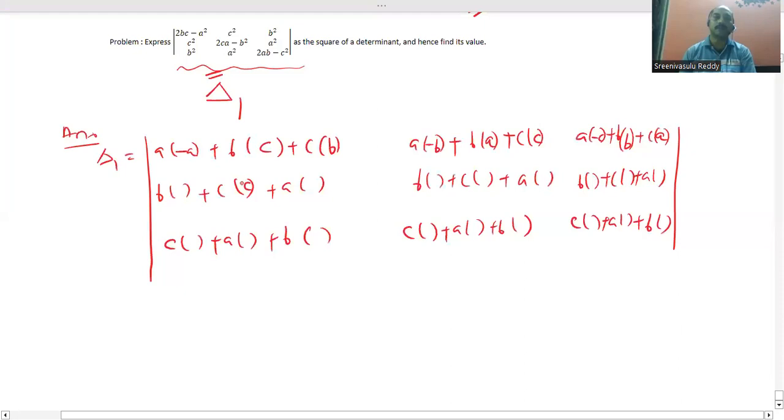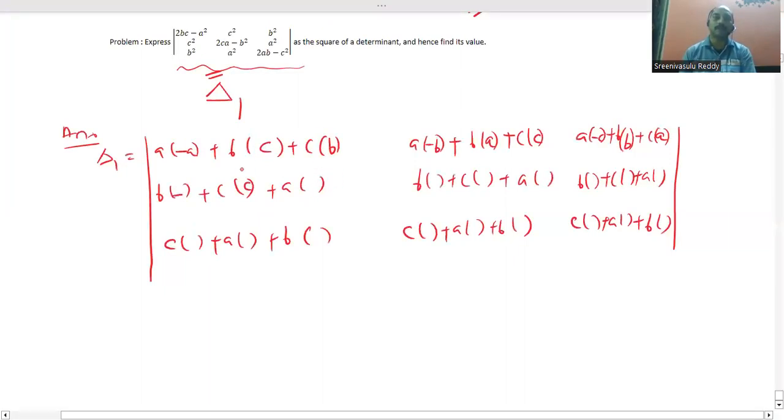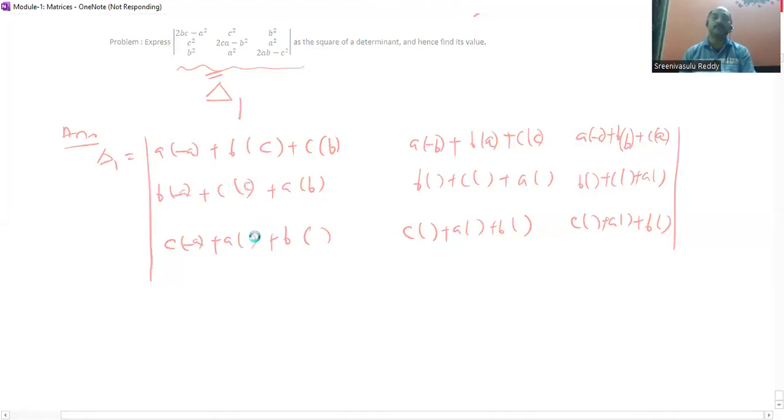But these two are not there. So now substitute this value, minus A here. Whatever is there within the braces of the first row, you replace the same in the bottom also. Minus A, C, B, because in the first row also we have the same values. If you substitute, we get the same value. Here C, then B.